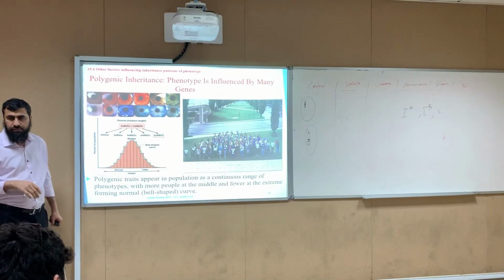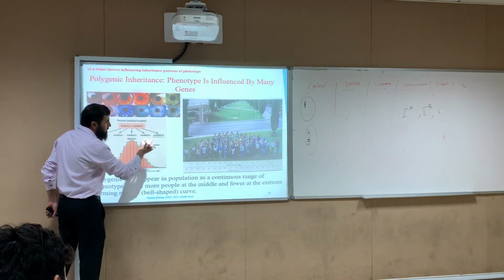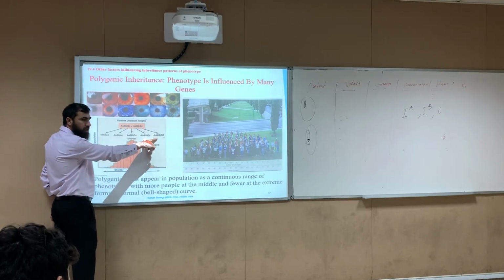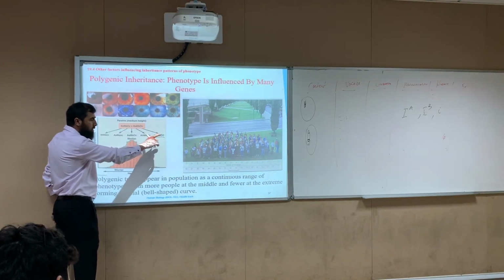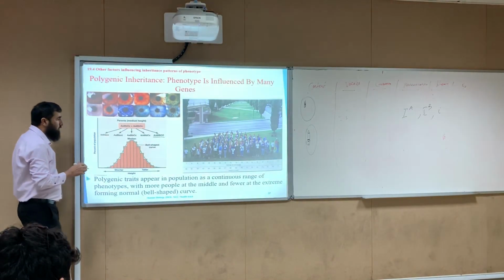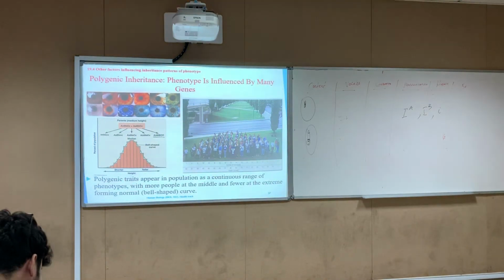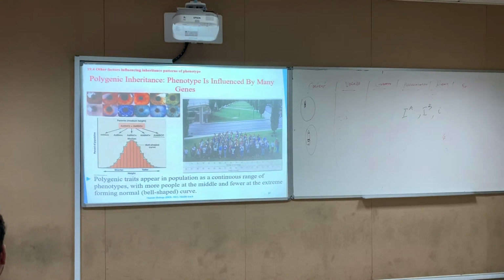Very tall people have capital A, capital B, capital C in the homozygous form. I think we'll continue from this next time, because we're out of time.